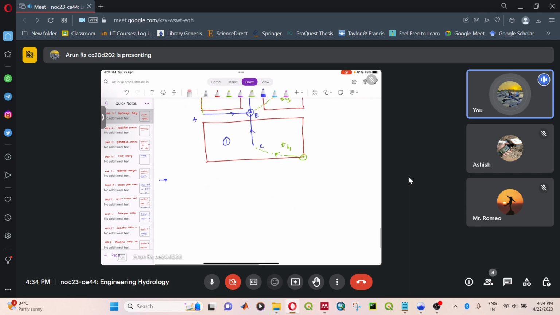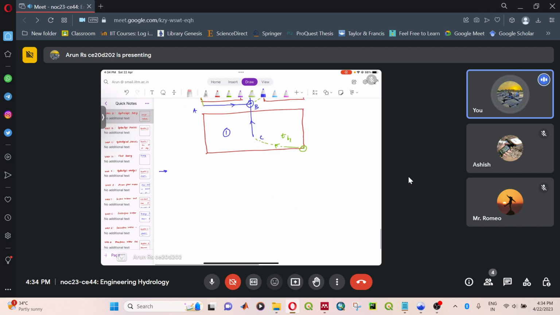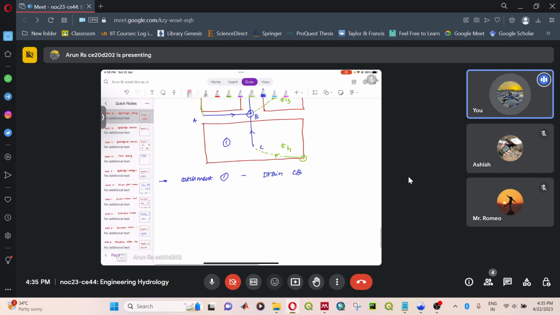So for the first catchment, we can see you have a drain CB. So if you want to design the drain CB, you need to find out the contributing area.